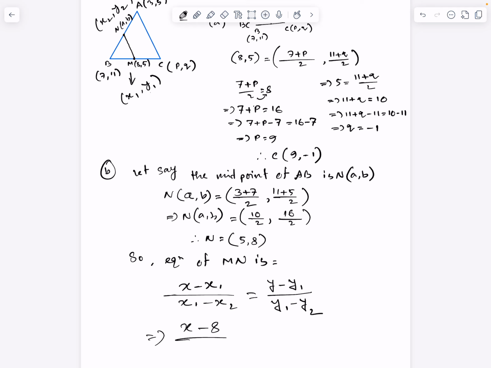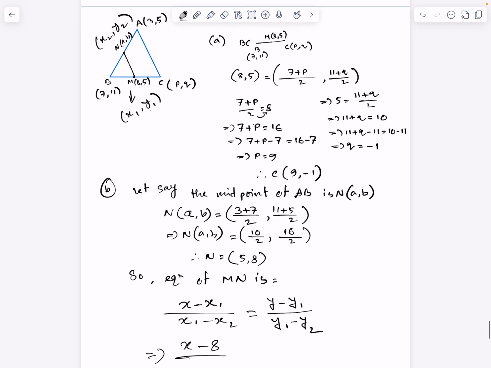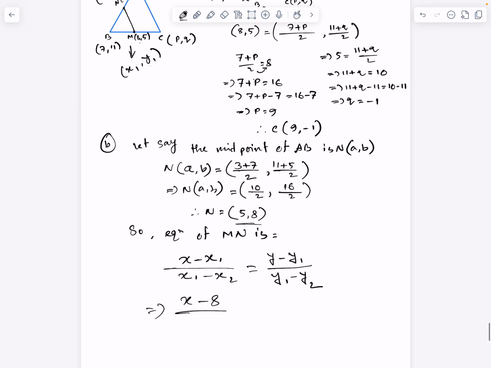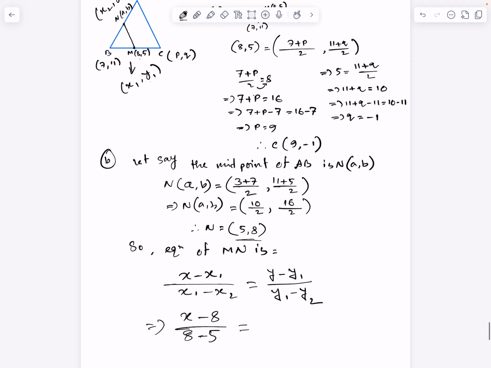And x1 minus x2, x1 is 8. And which one is x2? x2 is point N, which is 5 and 8. So x2 is 5 and y2 is 8. So we can write here 5 minus 8. I mean, x1 is 8 and x2 is 5.